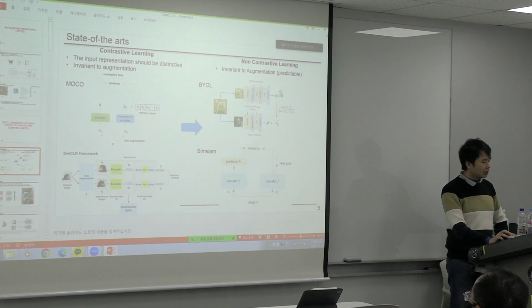However, they should somewhat reduce the inductive bias of invariance to augmentation a little bit.